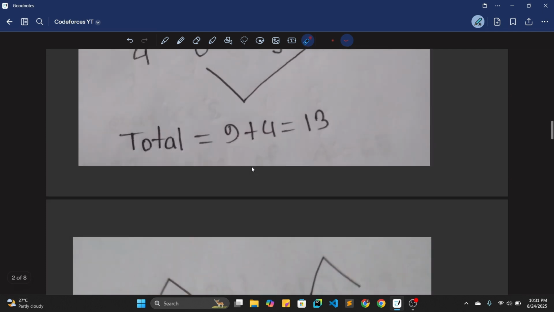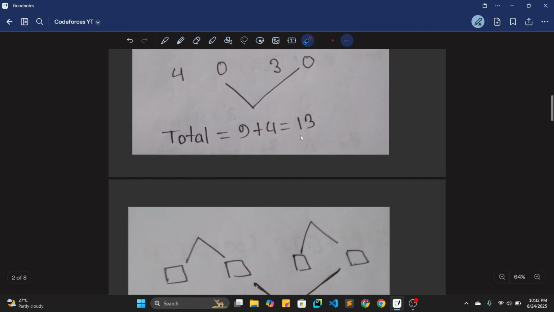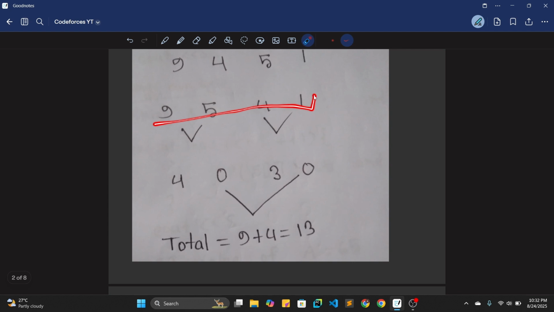Before, we saw that the number of emeralds is 13, and our goal is to minimize the number of emeralds we give. In the first example, we arranged the villagers according to their grumpiness in a sorted way.